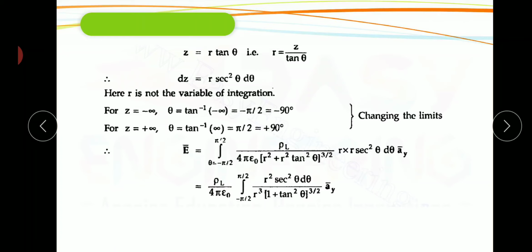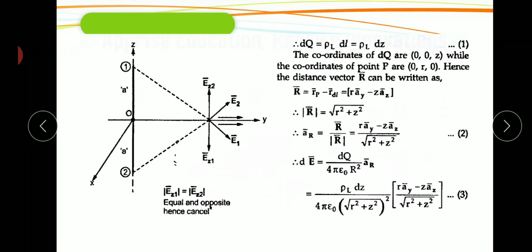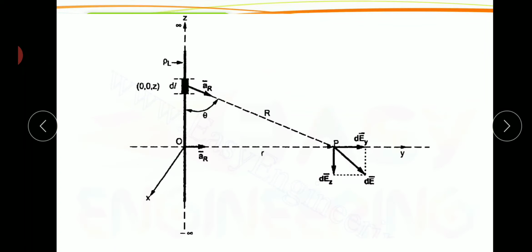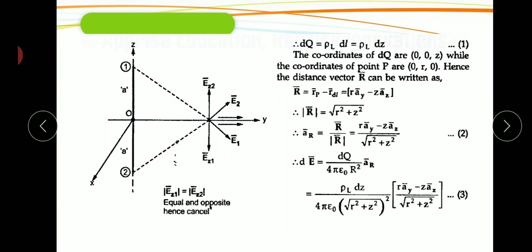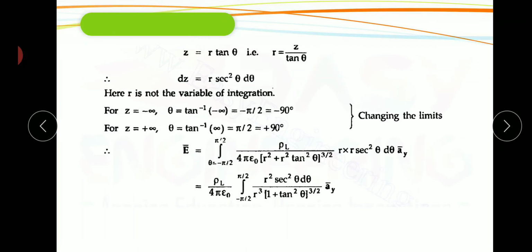So let us assume z is equal to r tan theta. For this we have to observe the figure here. This is the z value and this is the r value. From this figure, tan theta is equal to opposite side by adjacent side, so we get z is equal to r tan theta.